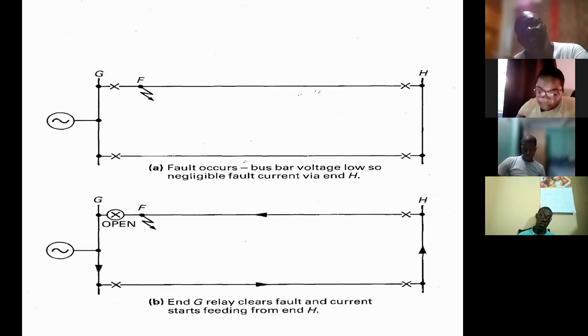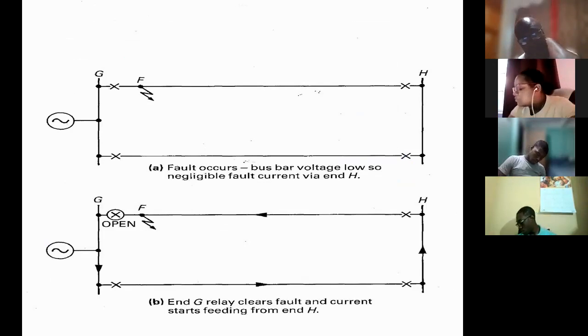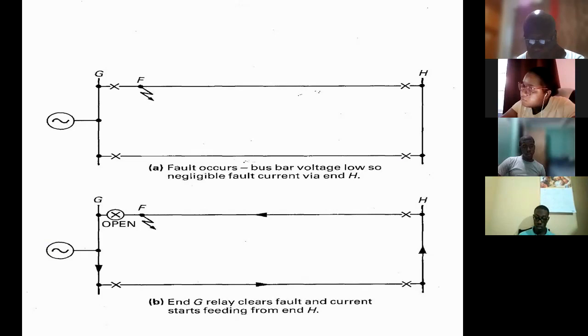Now, just to explain why it is that we would hold the signal for a time t. Yes? And I'm doing that showing this single fed double line system. What happens here? So the fault is on line GH.